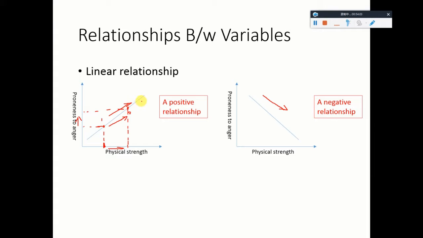Or if you go in this direction, it's the same. So you will see that once we're moving from this point to this point, essentially we're moving from here on physical strength to here on physical strength. At the same time, we're moving from here on proneness to anger to here on proneness to anger.